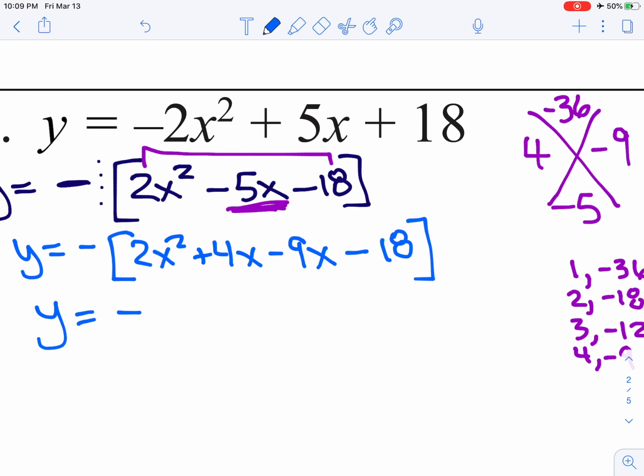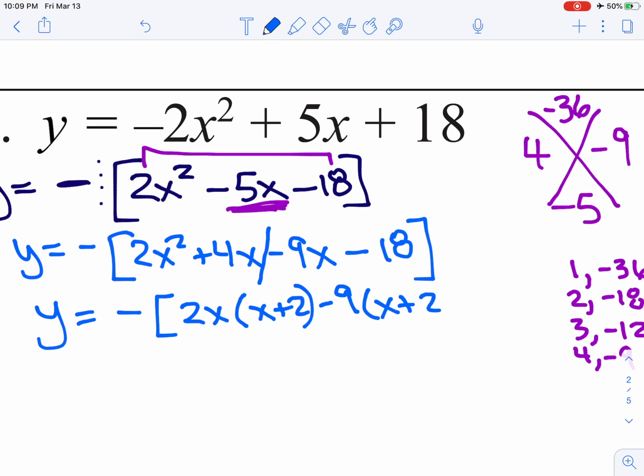Y equals. I'm going to cut this right here. They have a 2x in common, so we're left with x plus 2. These, they have a leading coefficient of negative, so I take out a -9, and I get x plus 2.